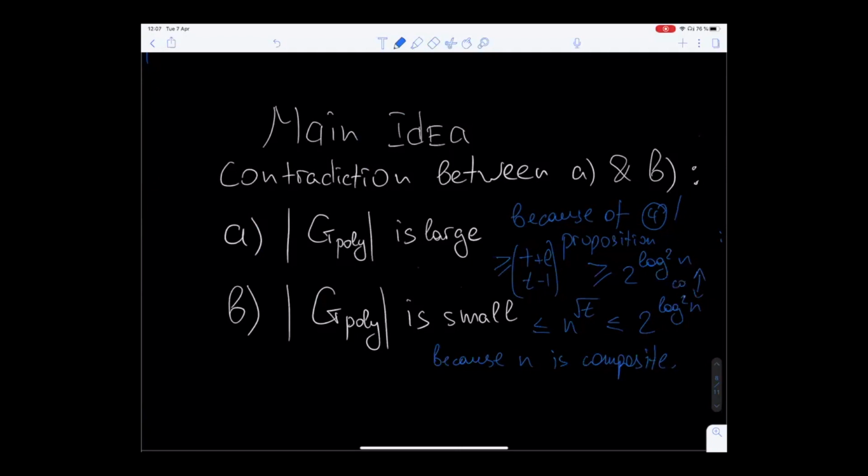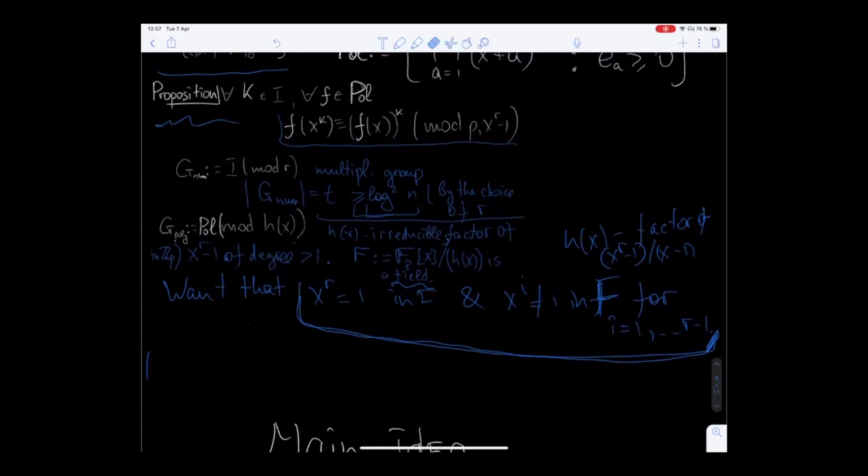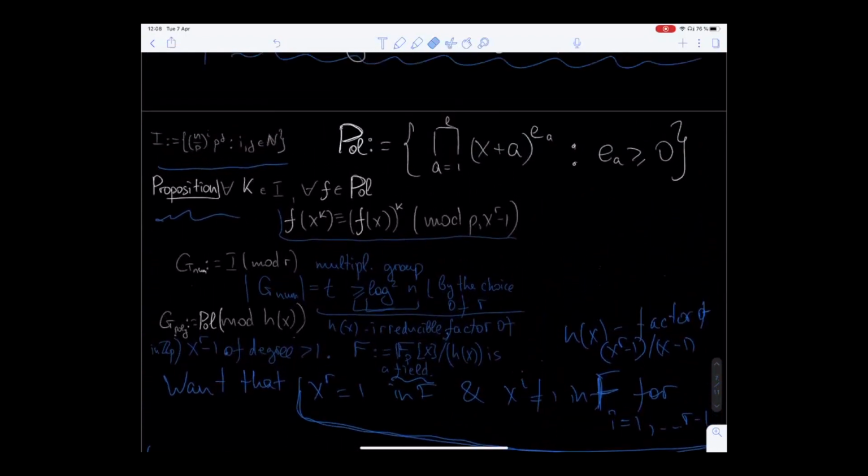Let's make one of the inequalities strict, for example, that one. But what was t? T was the order of the group genome.